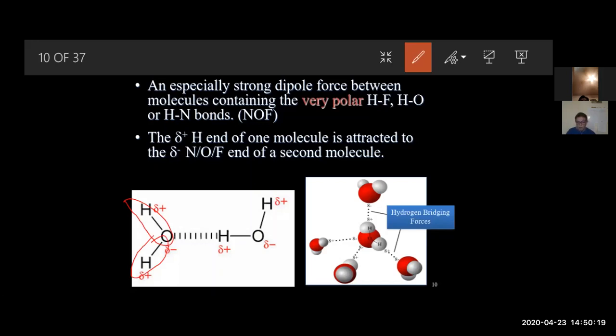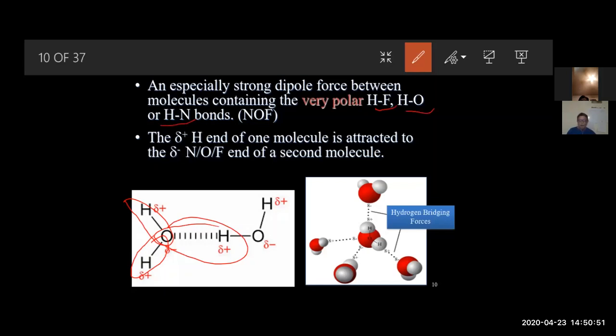So we have two dipoles. And then there's that interaction with another molecule of water, again shown here, because the partial negative of the oxygen is interacting with the partial positive of another molecule of water. Hydrogen bridging only occurs for hydrogen bonded to fluorine, oxygen, and nitrogen.